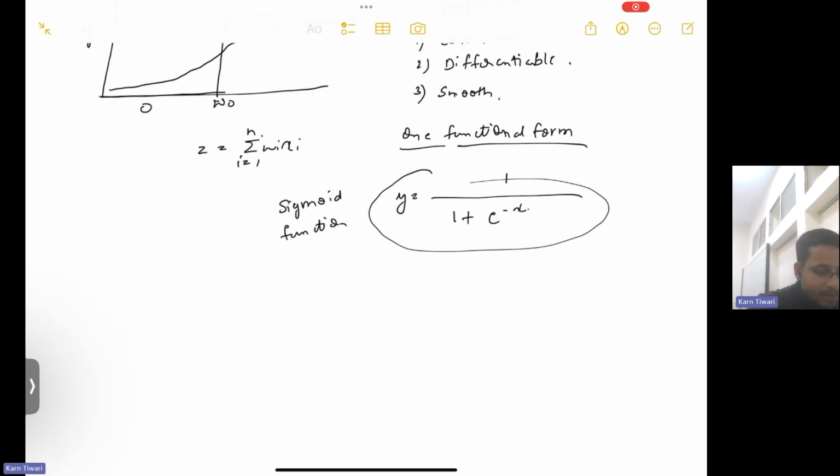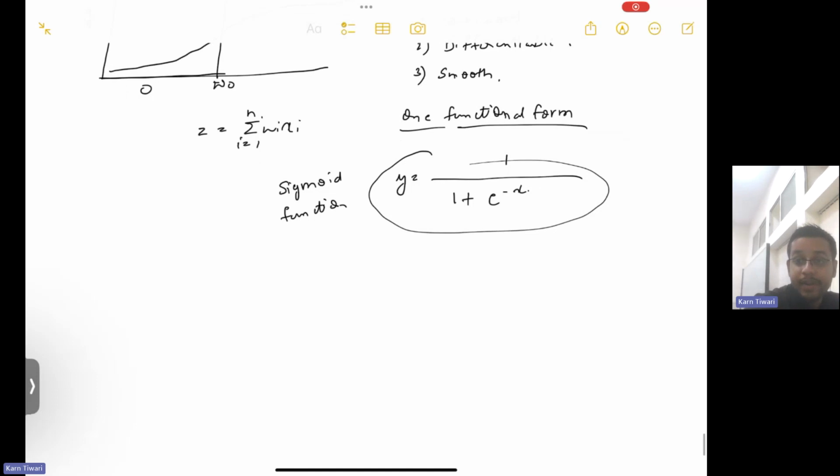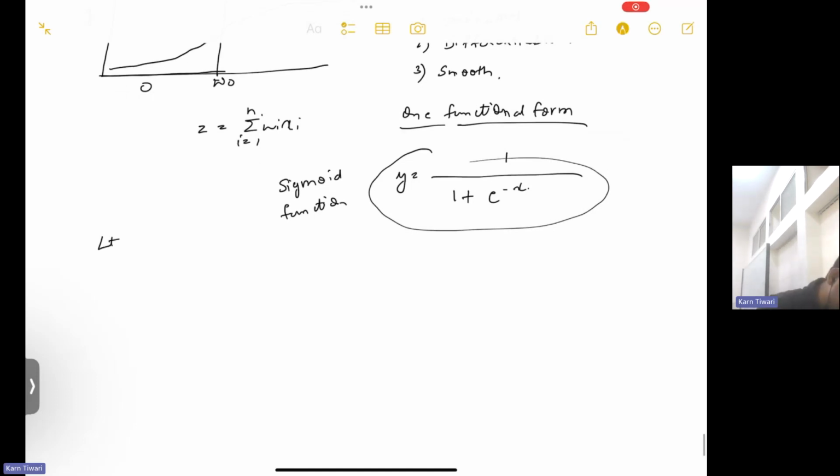Now one fundamental question I will be asking: what's the limit of this function as x goes to minus infinity and infinity? So limit x tends to infinity of 1 divided by 1 plus e to the power minus x. What is it? As x tends to infinity, e to the power minus x tends to 0. So in this case, it is equal to 1.